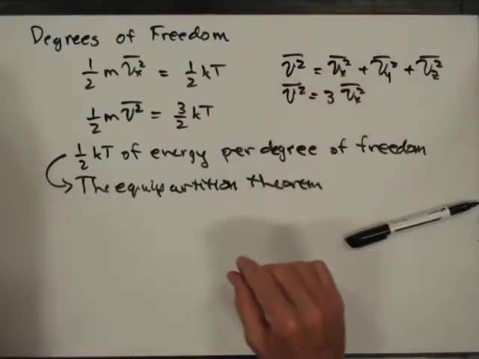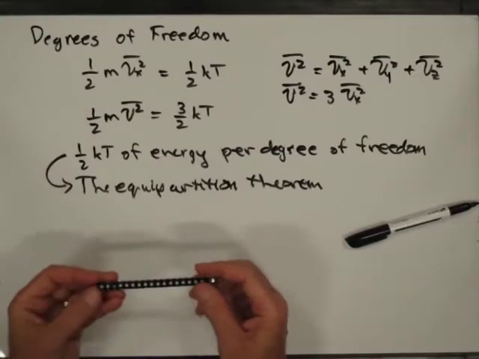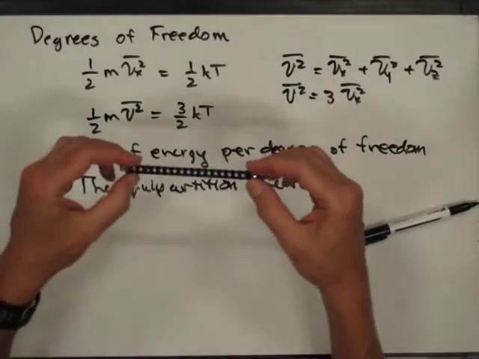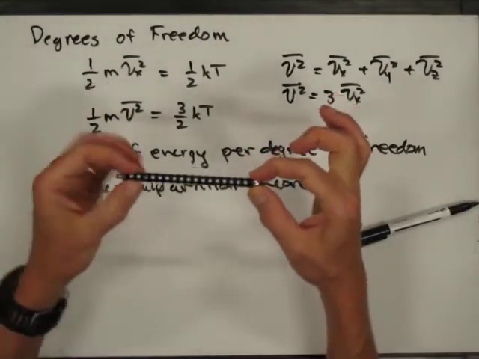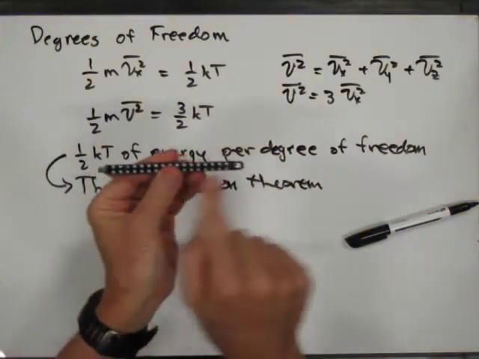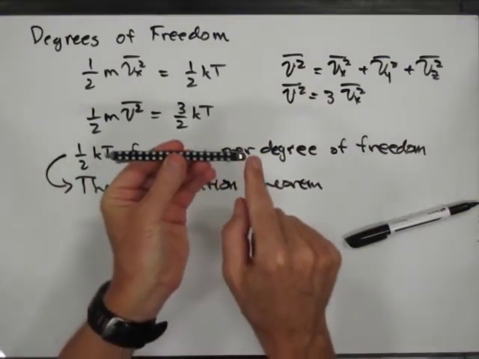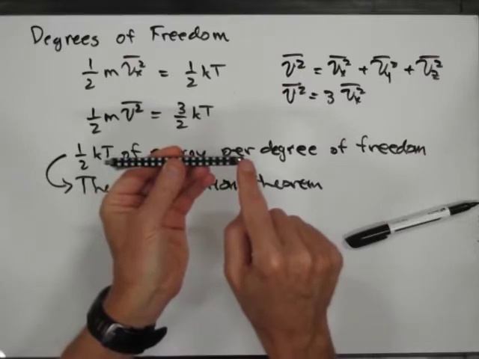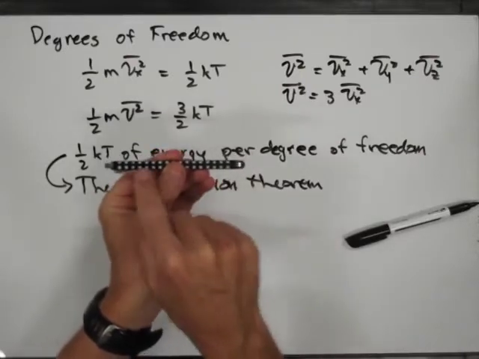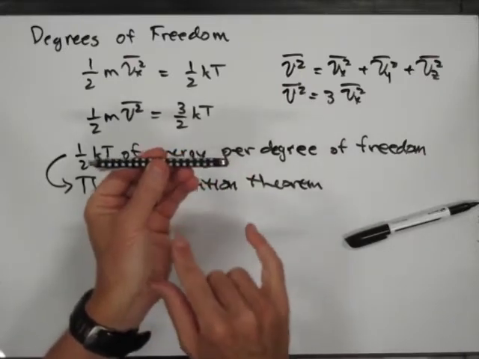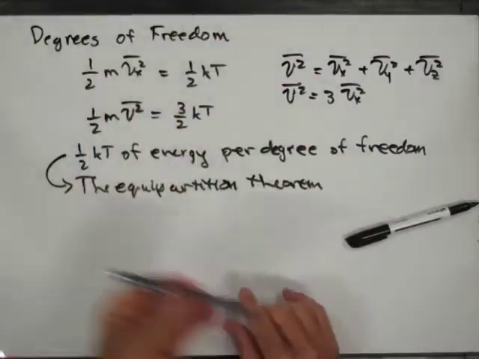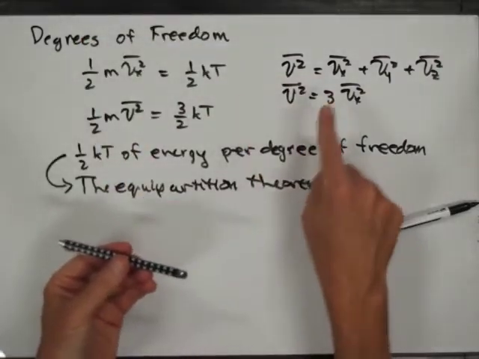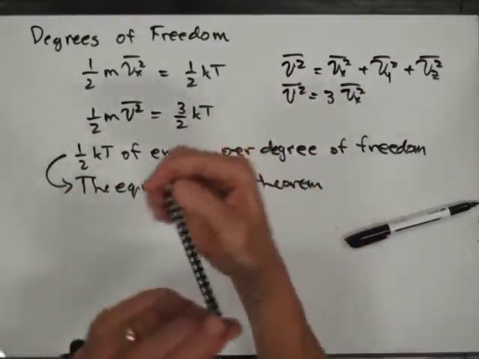So for example, if you look at a nitrogen molecule or any diatomic molecule, you have 2 atoms separated by a distance, right? And so I'll just pretend that this pin is that molecule. If it's like oxygen, it's got an oxygen here and an oxygen here, and they're kind of stuck together. So then, in addition to being able to move around in 3 dimensions, it can also store energy by spinning.